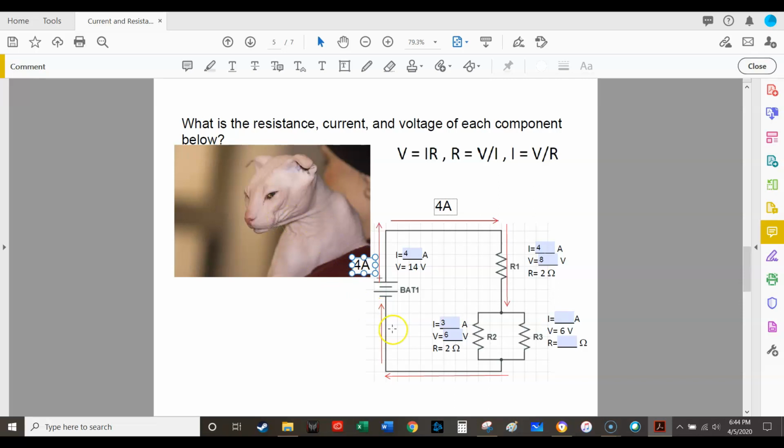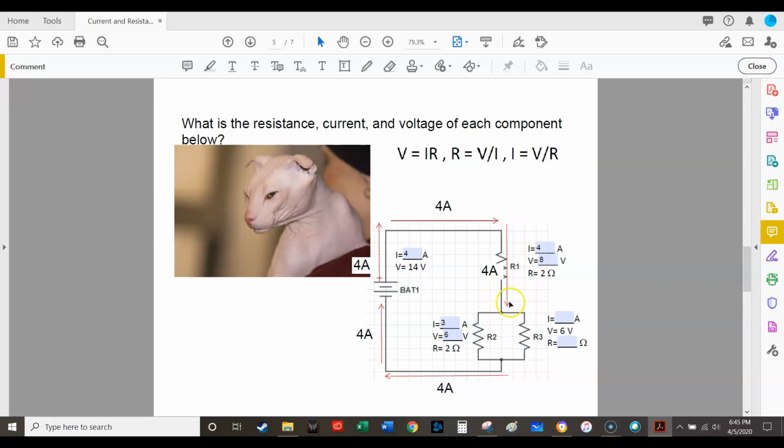Sorry, kitty, you had to put that guy there. That means this current is 4 amps, and this current is 4 amps. Red represents 4 amps. So 4 amps leaves, 4 amps goes across. All 4 amps is going through R1.